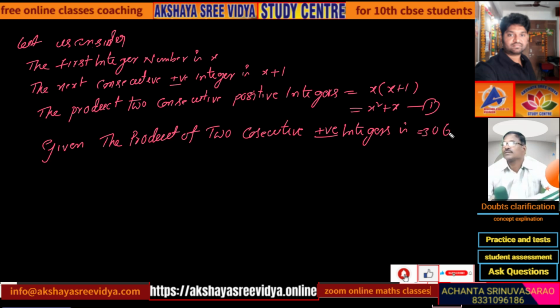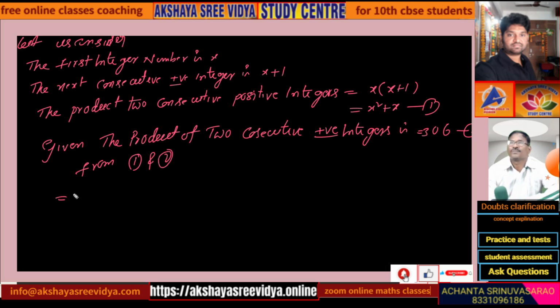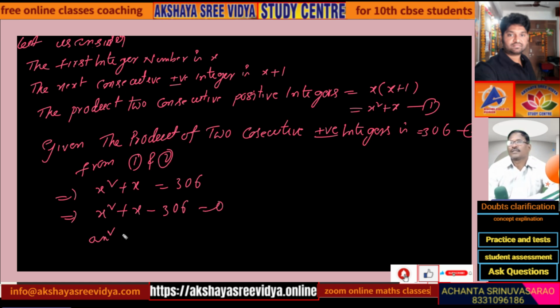Equation number 3, from 1 and 2: x square plus x is equal to 306. This is x square plus x minus 306 is equal to 0. This is of the form ax square plus bx plus c is equal to 0.